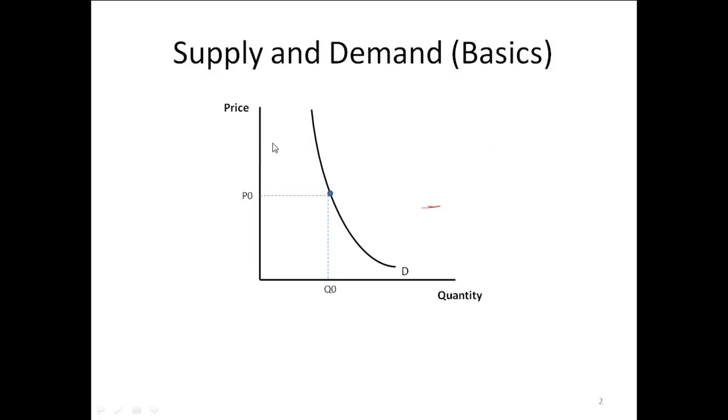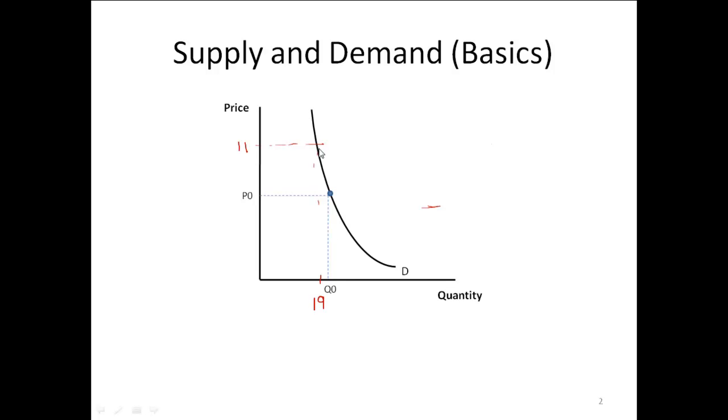Initially, let's say that the price of cement is $11 per unit, and at $11 per unit, the industry demand is about 19 million units.